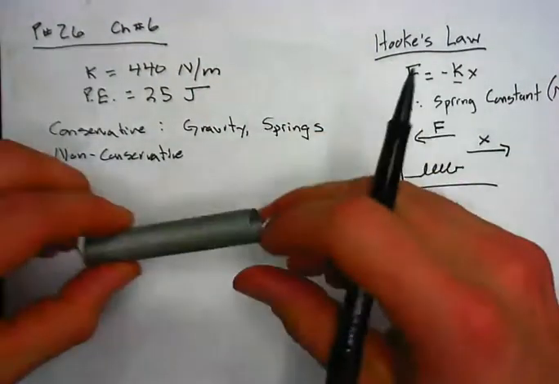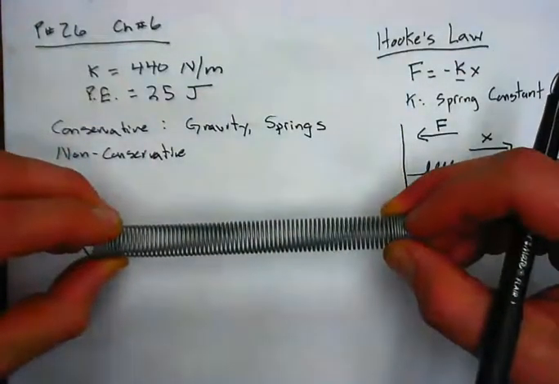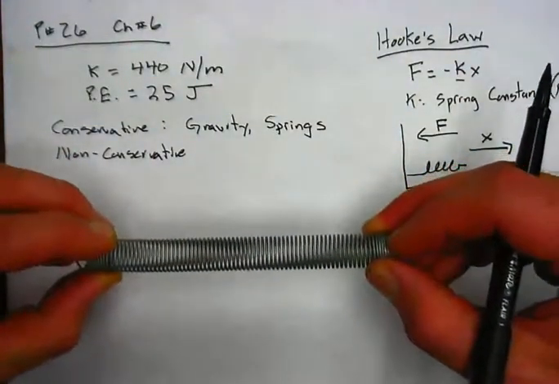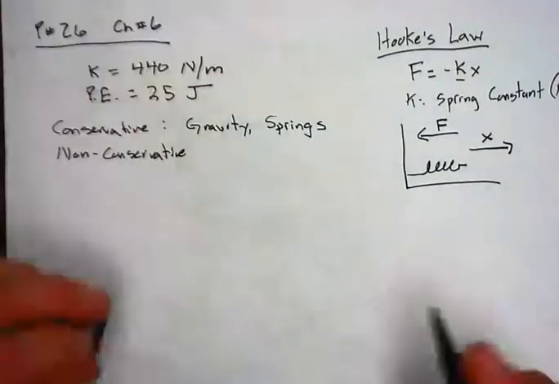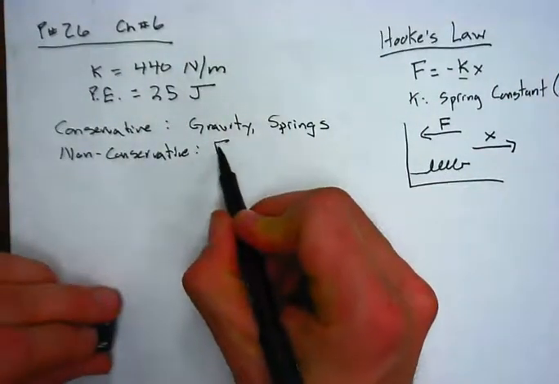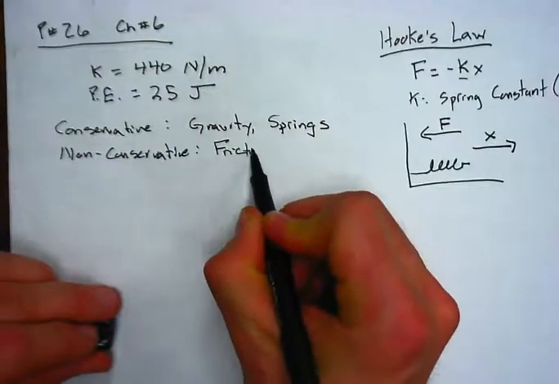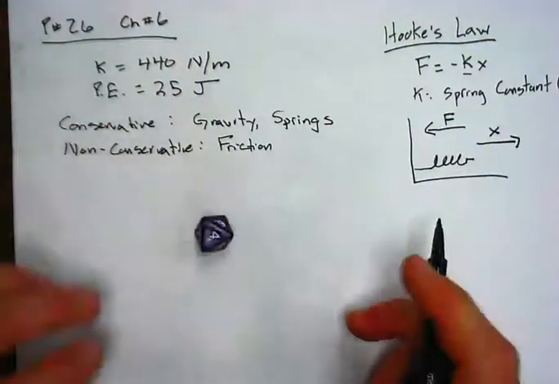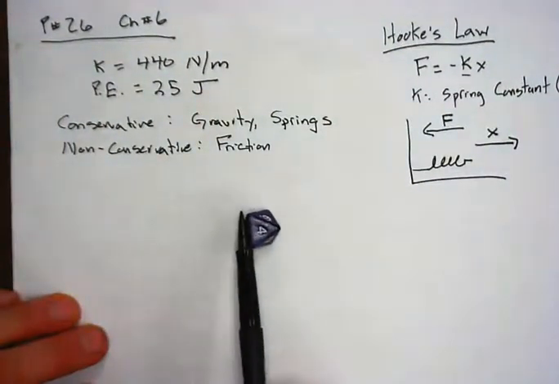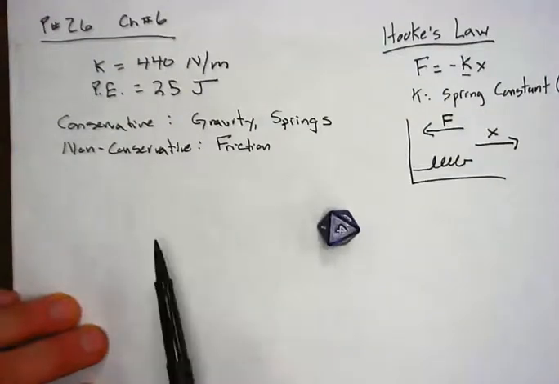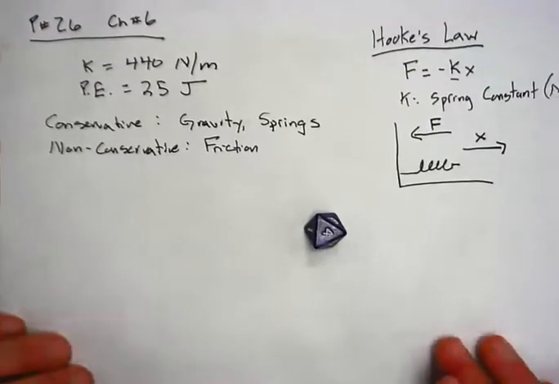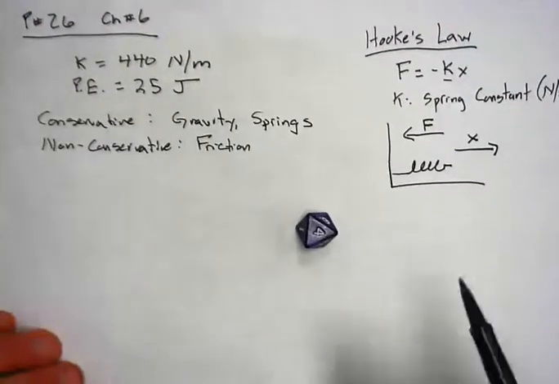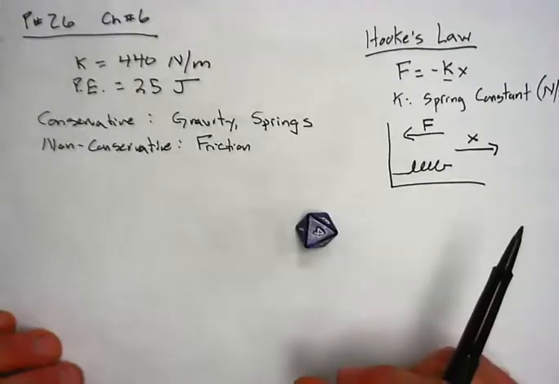So when I stretch this spring, that energy is stored in there. That's a conservative force. Now, a non-conservative force is one like friction. When I do work against friction, say by pushing on an object, I did work, but I can't get that energy back. The energy didn't disappear, I just can't get it back in a useful form.